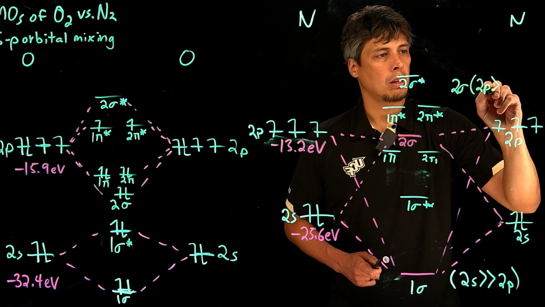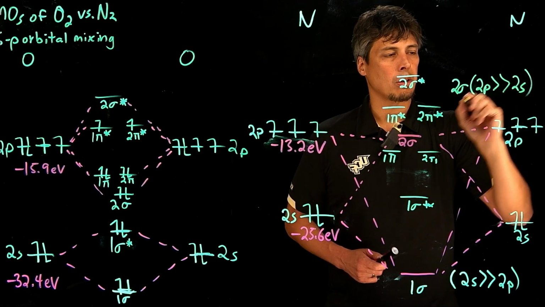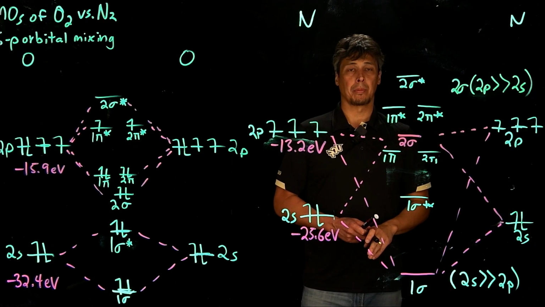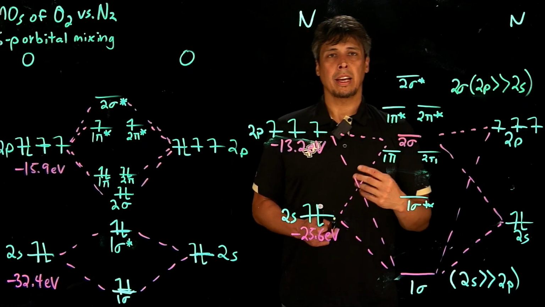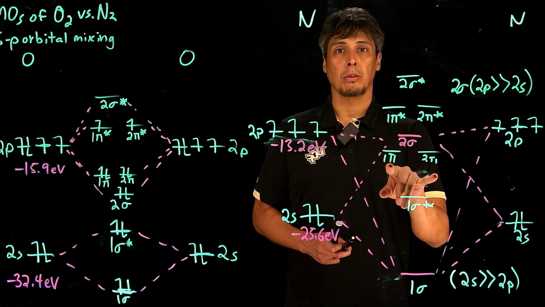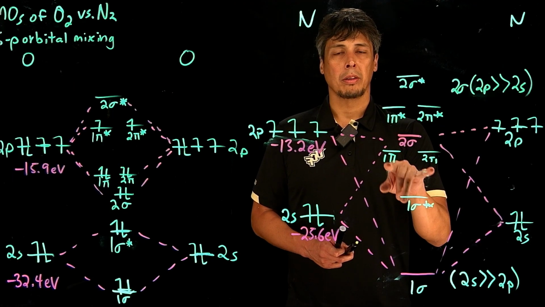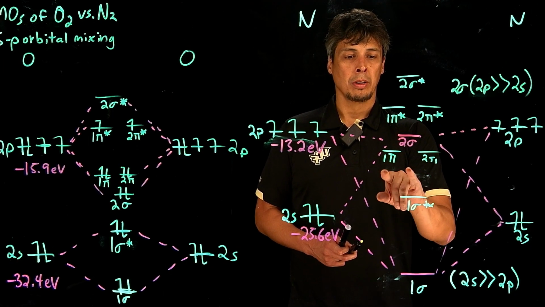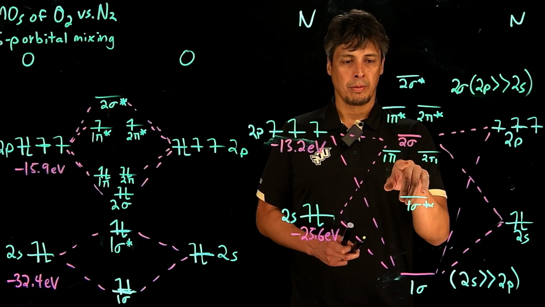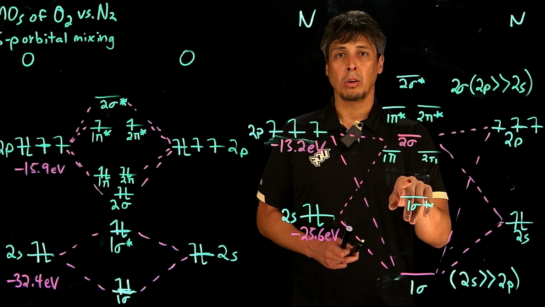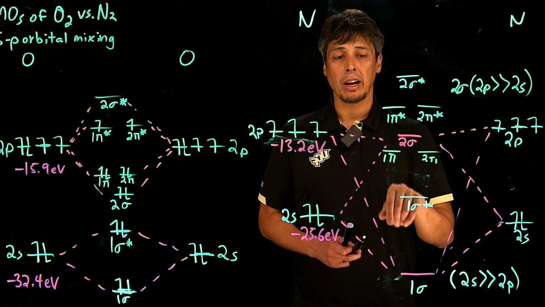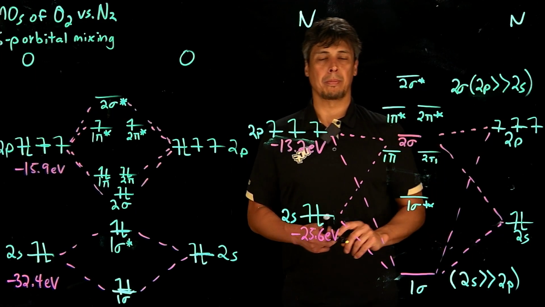The 2p is going to be much greater than the 2s character, okay? And so that has an effect on the relative ordering of the MOs in the p orbital manifold, right? So instead of the 2 sigma being below the 1 pi and 2 pi, it is now higher in energy than the 1 pi and 2 pi, okay?